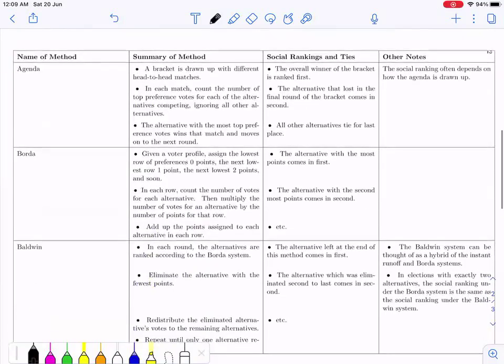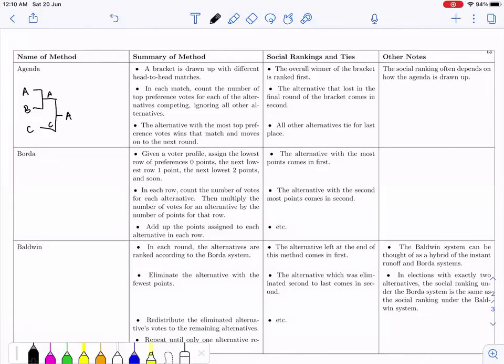Then there's something called agenda, where you can see something like this. You have a series of pairwise competitions. Pairwise competitions are also called head-to-head or head-on competition.